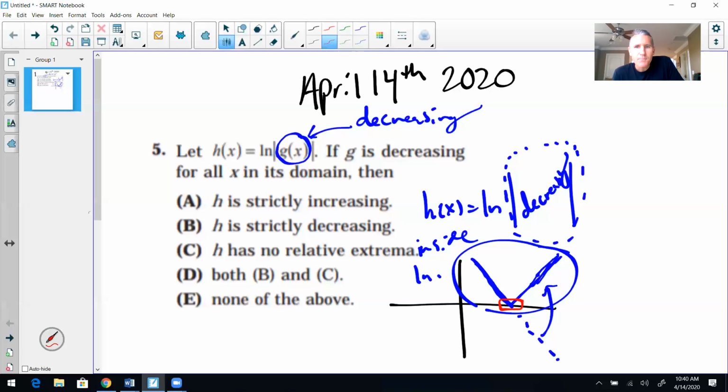That right there, where g of x is equal to 0, that's where g of x changes from positive to negative, right? But what is ln of something that is approaching 0? What is ln of 0? Well, it doesn't exist, right? ln of 0 approaches negative infinity.